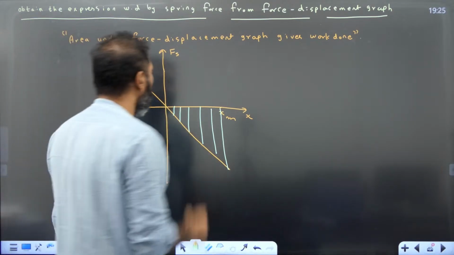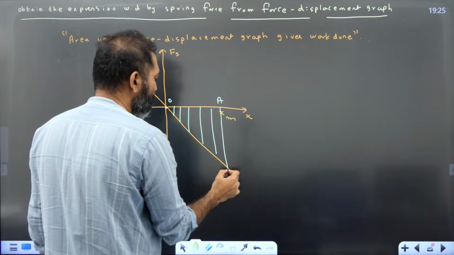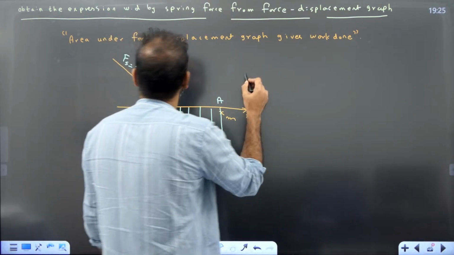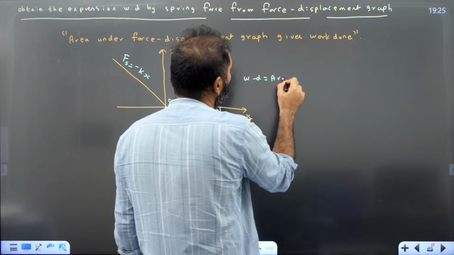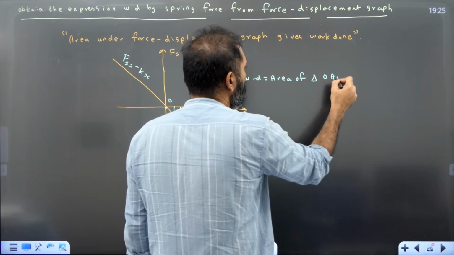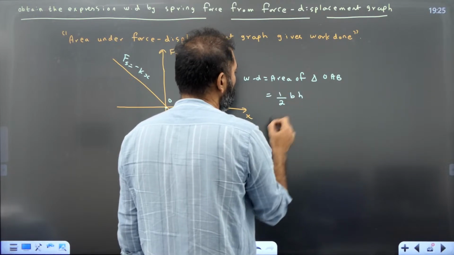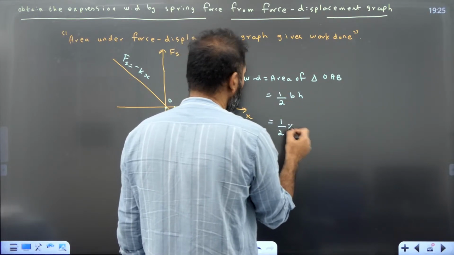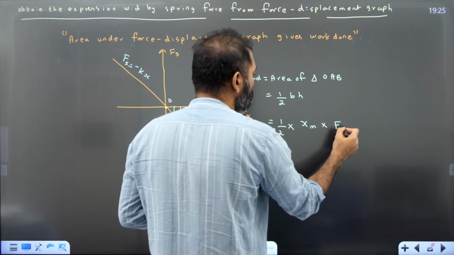Now let this be O, let this be A, let this be B. Work done is equal to area of triangle OAB, that is half base into height. Base is x suffix m, height is spring force.